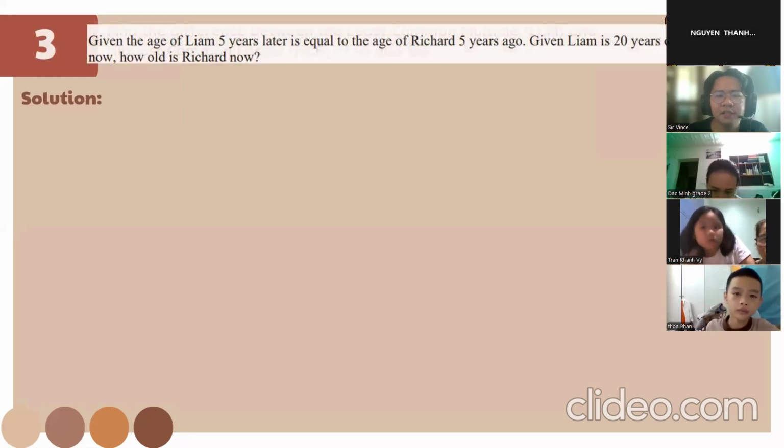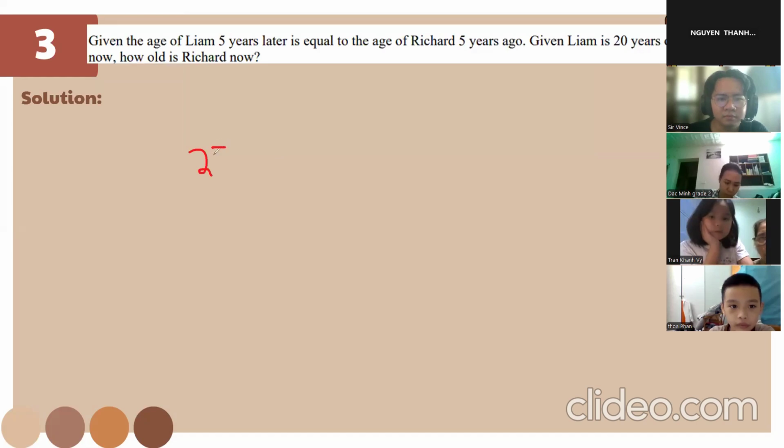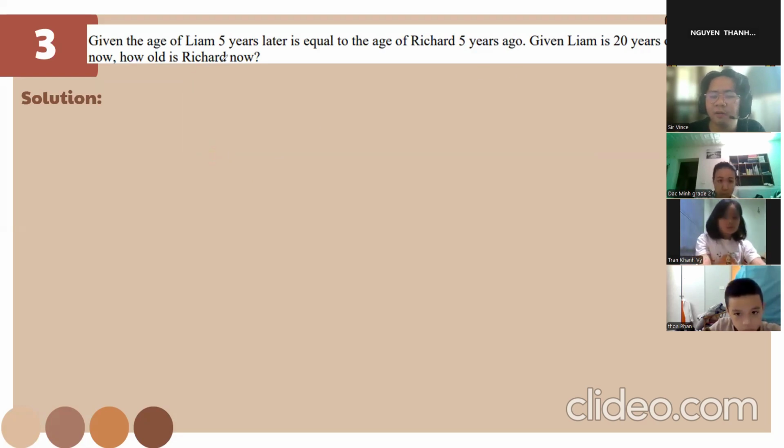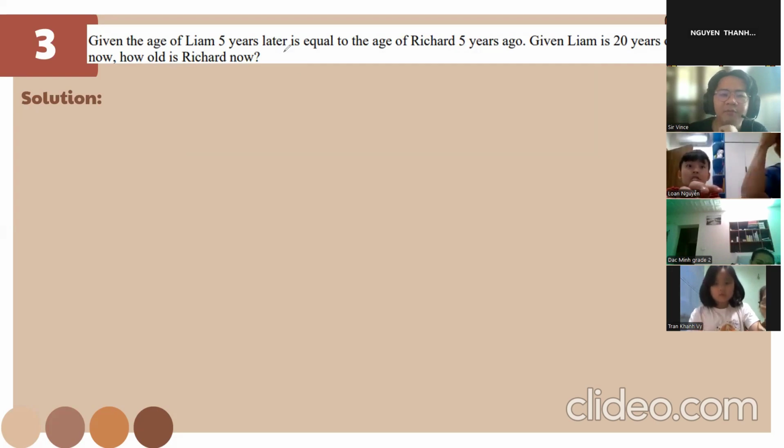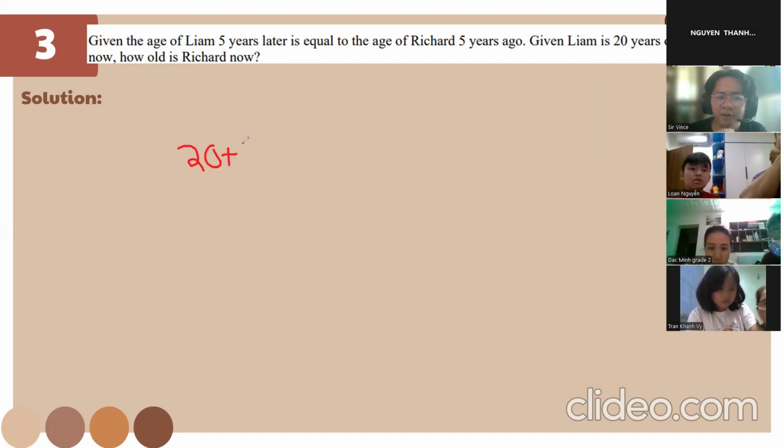For this, since Liam is 20 years old now, given that the age of Liam 5 years later is equal to the age of Richard 5 years ago. So if Liam is 20 years old now, we can just say 20 plus 5.